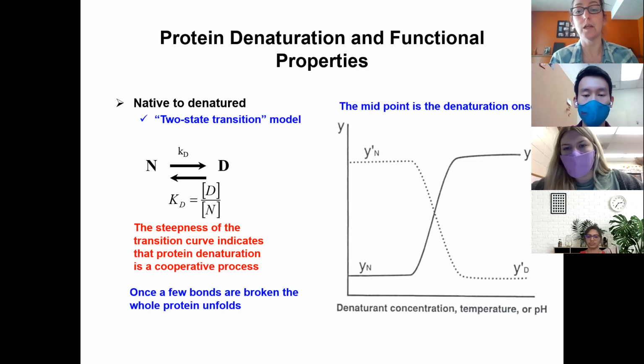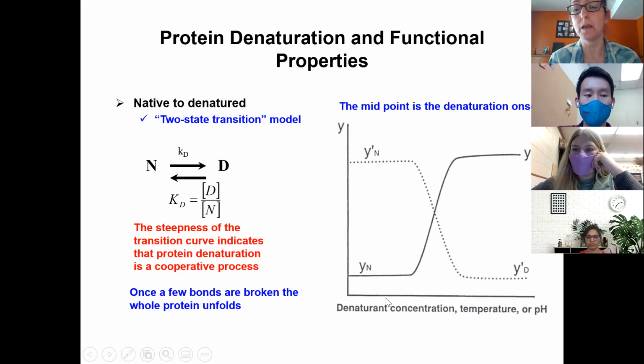Okay, so this is a diagram that shows the denaturation of the protein measured in comparison to a denaturant. The denaturant can be a denaturing agent, a reducing agent, for example, or SDS, sodium dodecyl sulfate, or it could be temperature or pH. And then we're measuring denaturation here.